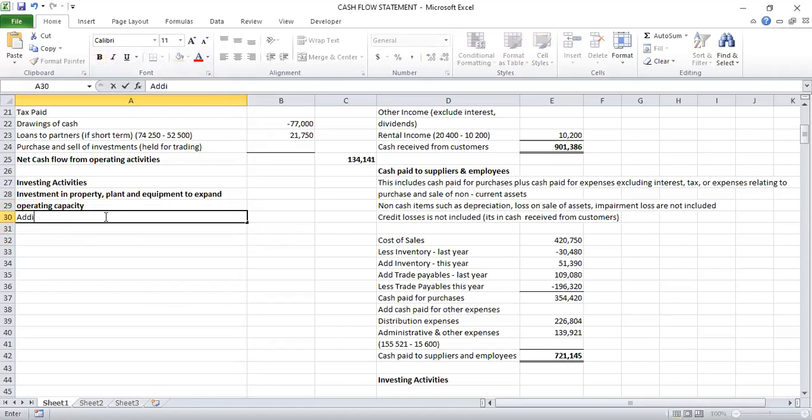Additions to buildings. If you check, we are not given an amount.